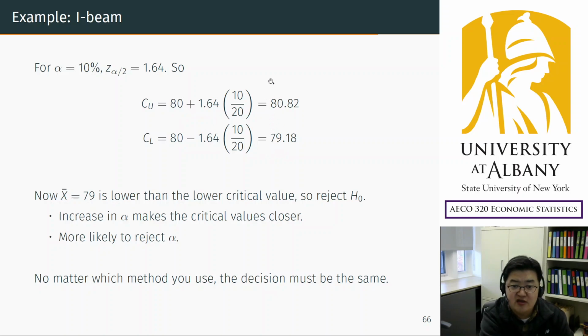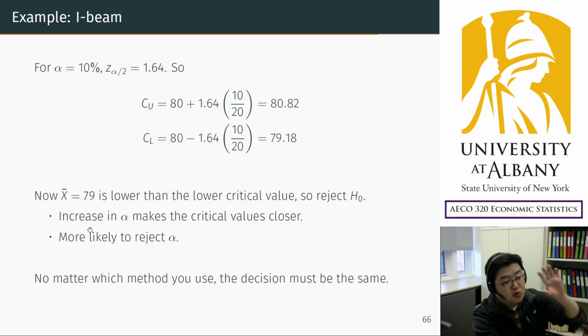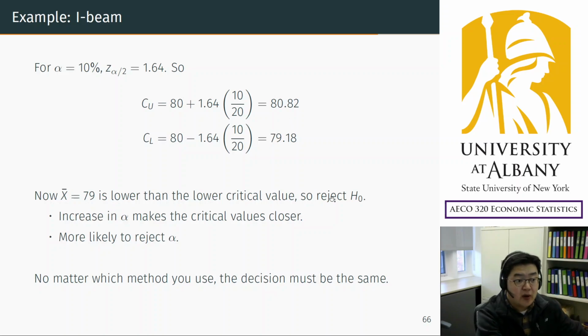With the same center, based on the belief hypothesis, you calculate the margin and add and subtract. Then you get these. Now you can see that you observed 79. From this new critical value, the lower critical value is greater than your observation, so your observation is outside of the critical values. So you have to reject the null hypothesis.